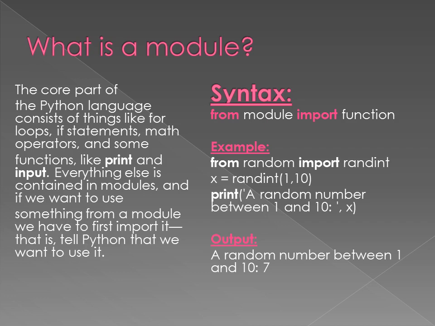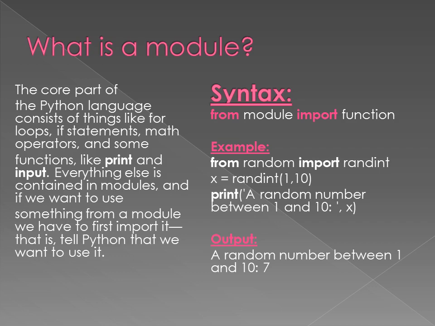And if we want to use these functions, we have to import these functions and include that module in our program. Whenever we want to use a function, we have to import it from the module.